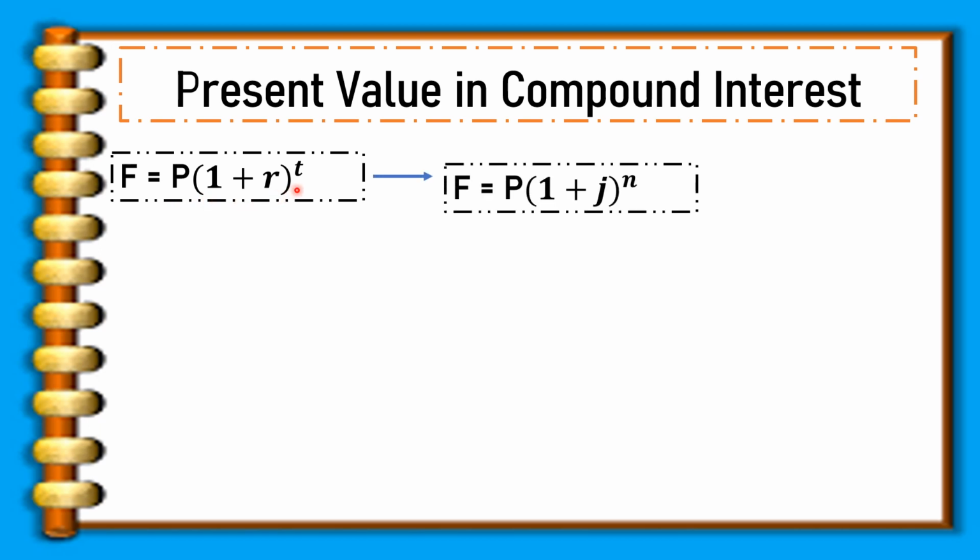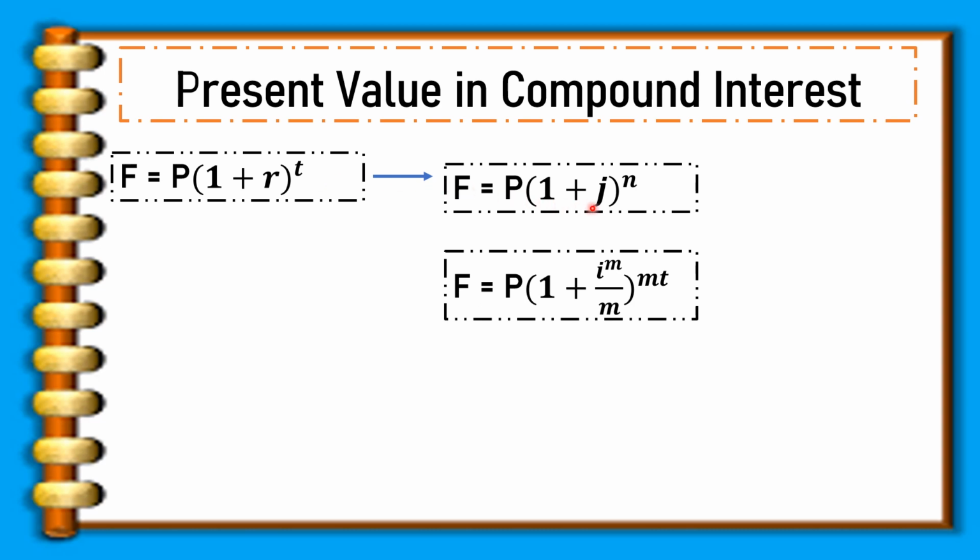As I have mentioned a while ago, think of your j as your interest rate and n as your t or time. But since j is equivalent to i raised to m over m, and n is equivalent to m multiplied by t, you can express this formula for maturity value in this manner.